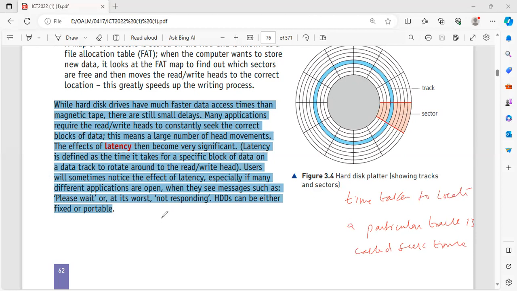So we can say the time taken to locate a particular sector is called latency, or rotational delay. So we also call latency the rotational delay for searching this particular sector.